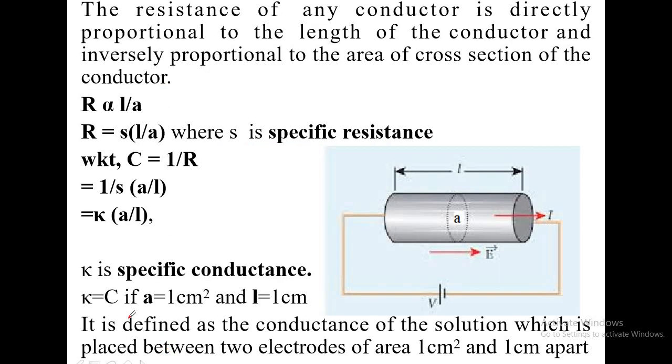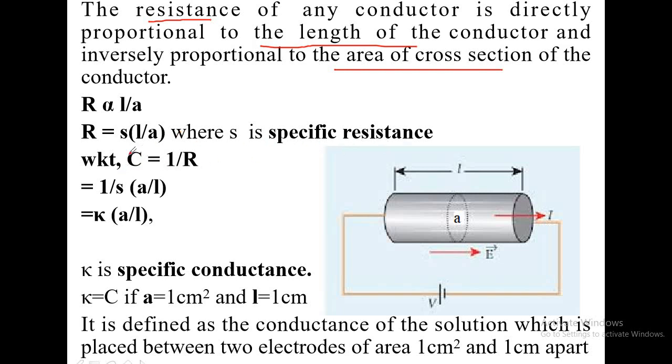The resistance offered by the conductor to the flow of current is directly proportional to the length of the conductor and inversely proportional to the area of cross section of the conductor. That is, R is proportional to L by A, or R is equal to S into L by A, where S is the specific resistance.